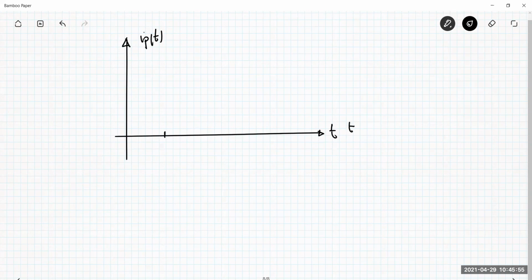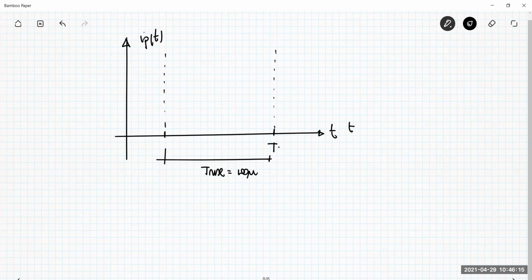Supposing that this is the rise, 100 microseconds here. What happens to the current?